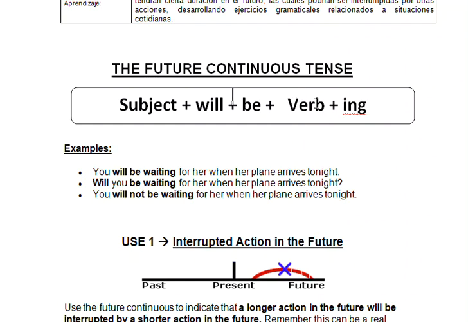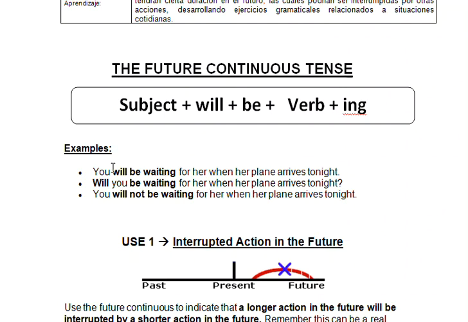After that, we use the main verb of the sentence, and we add the suffix ing. Okay? So the future continuous, as you can see, is a compound tense. The future is because of the auxiliary verb will, and continuous is because of the suffix ing, which is the suffix that gives the continuous meaning to the tense.